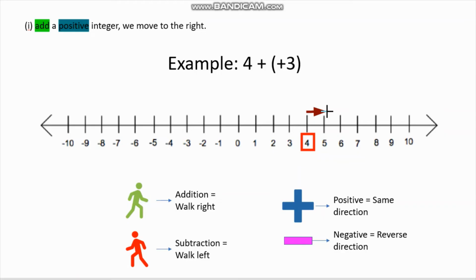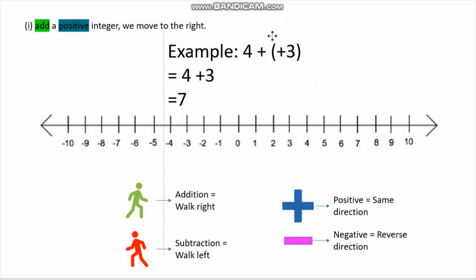Because it is the addition of a positive number, we have to continue in the same direction, 3 times. Starting from 4, first we get to 5, next we get to 6, and next we get to 7. So the answer to this question is the same thing as 4 plus 3, which is equal to 7.